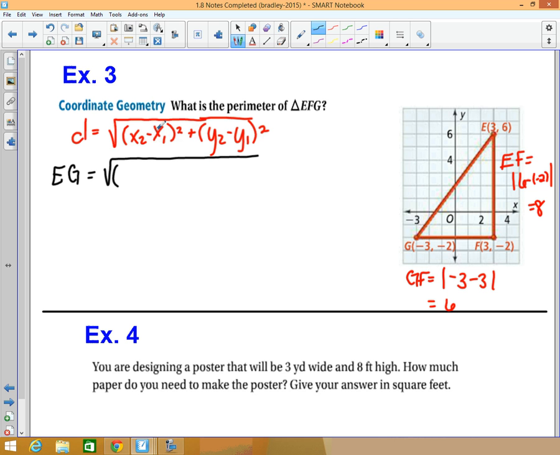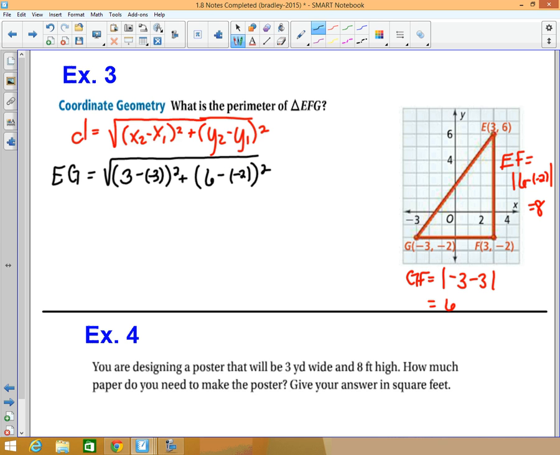So the x for E is going to be 3, and the x for G is going to be -3, and we're going to square that. Y for E is going to be 6, and the y for G is going to be -2, and we want to square that.